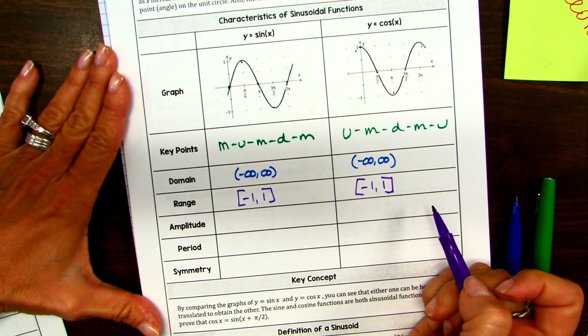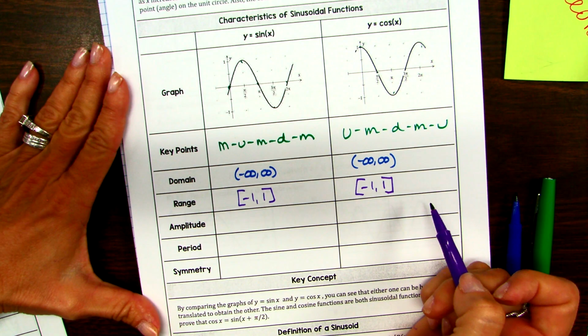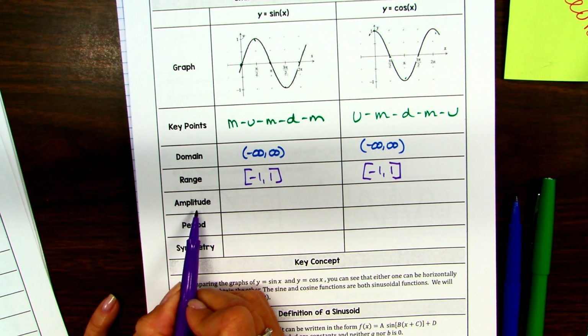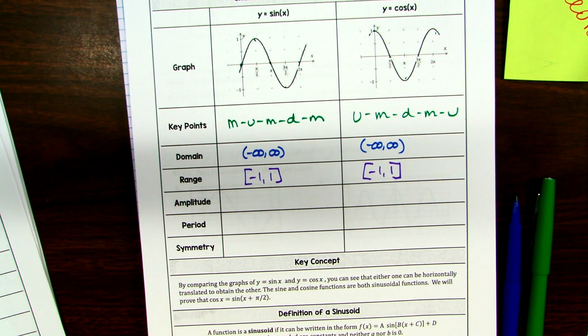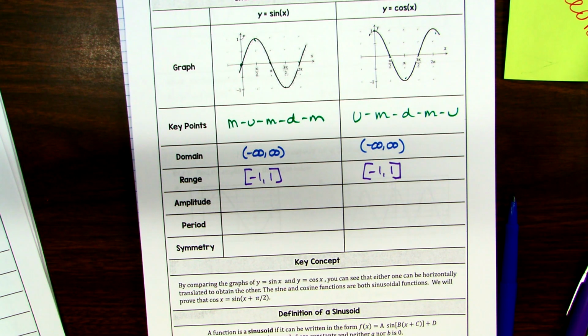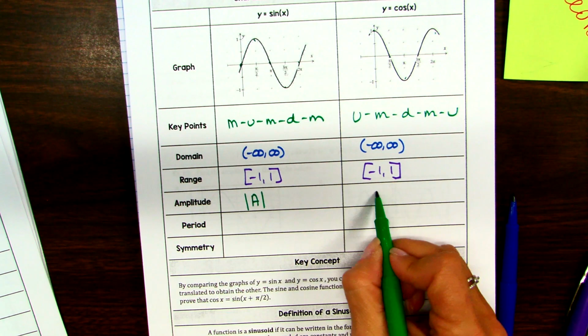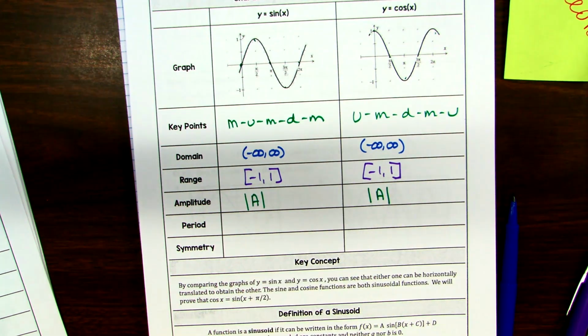What will change the range of one of these graphs? Not the flip, because the A is coming up. Amplitude, right? That's how high or low, above and below the midline we go. So if your amplitude is 3, you go up 3, down 3, right? And don't forget, it's always positive.